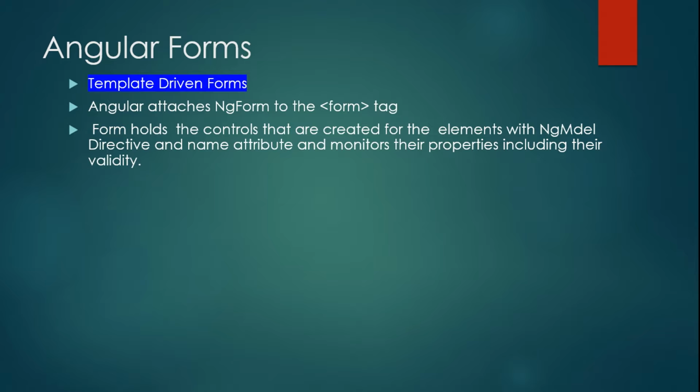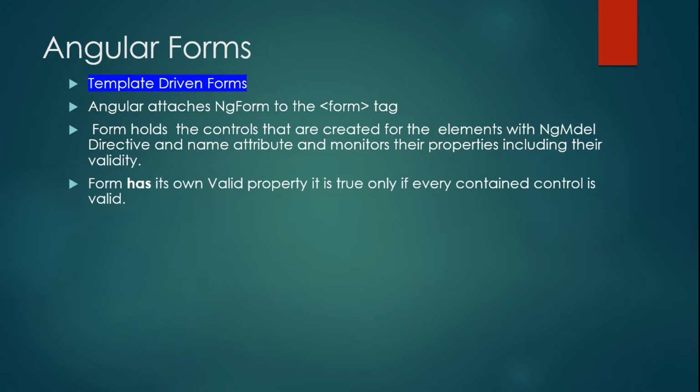We need to assign a value to that name attribute so that Angular creates the form control instance for that input element and registers the form input with the form under the value passed to the name attribute, so that the form will have access to the form input element, and the form monitors their input element properties including their validity.